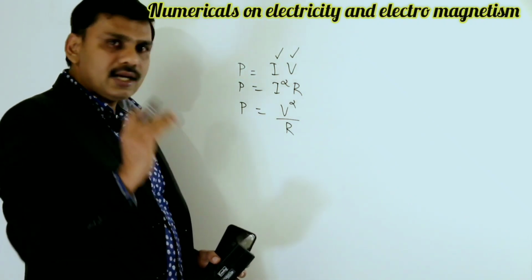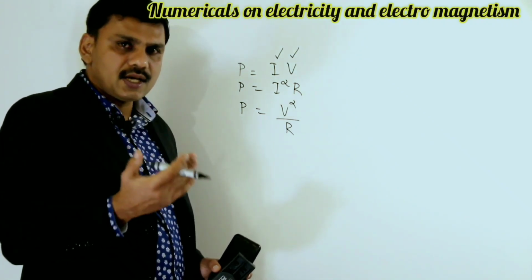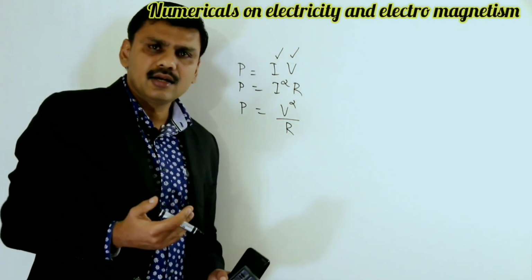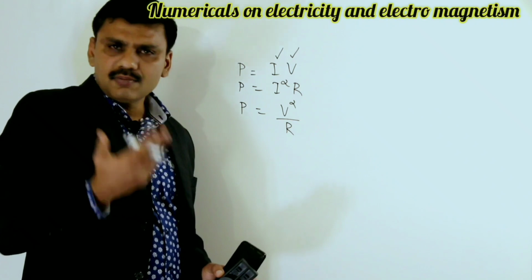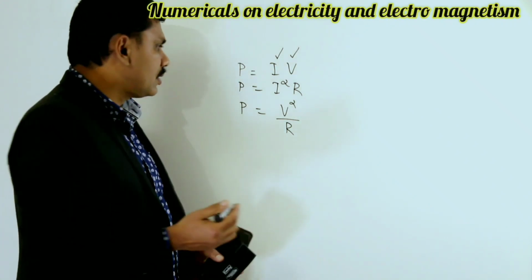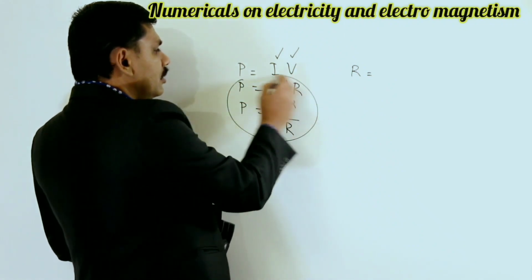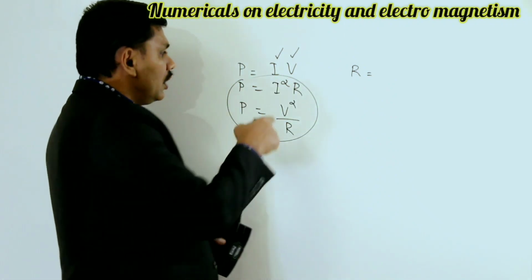And after calculating electric power, suppose the question is asking what is the resistance of the device. The device can be a kettle, a geyser, an electric bulb. How will you get the resistance? So resistance you can calculate by using any of these two.